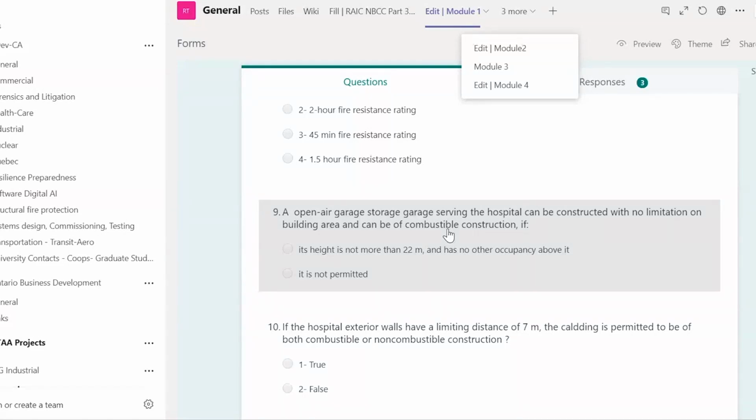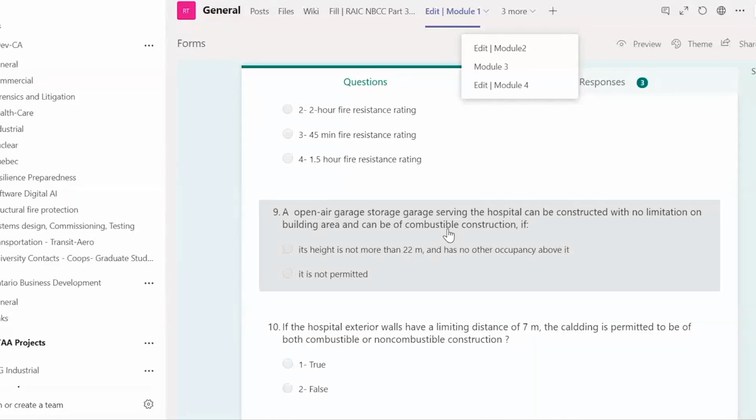We need to be familiarized with them and tab those to make sure that we know where to go when we have questions related to, for example, types of construction, mezzanines. We're going to take a look at exits, 3.4. We know that high buildings are in 3.2.6. So these are the things that you need to be comfortable with, the headings of the different sections and subsections that are critical for you to know how to navigate the code.